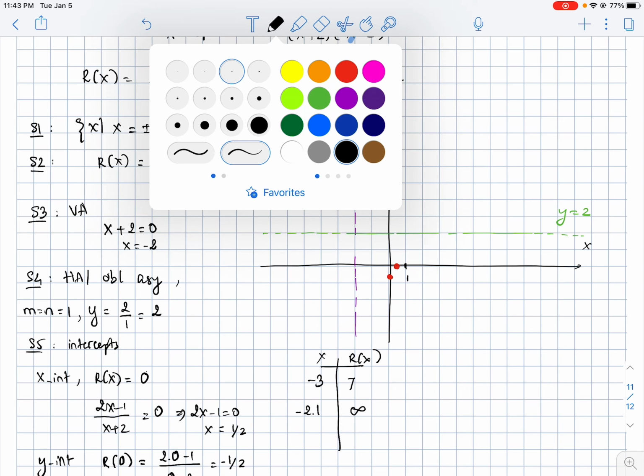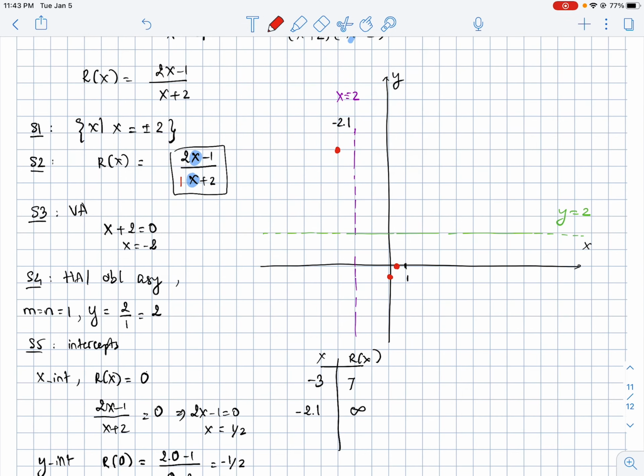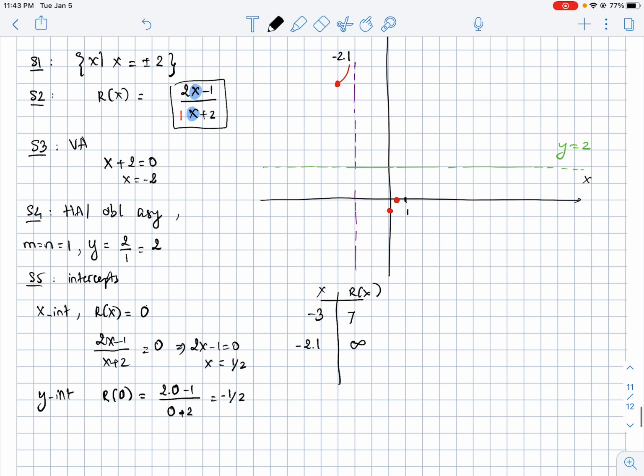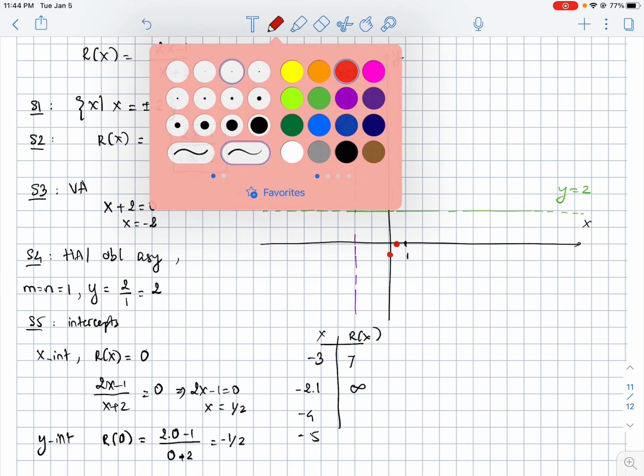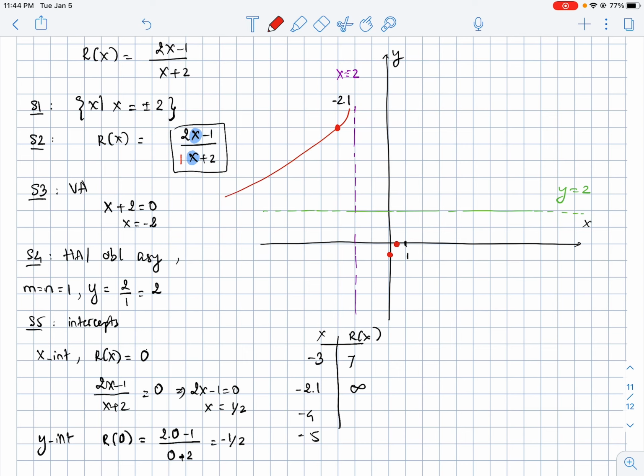So then we will continue to draw the curve from the point to the vertical asymptote that goes up. And then we may have something like this. To make sure, you need to make points like negative 4, negative 5, and so on. Okay, so I skipped a step for you, but we know that the graph will approach the horizontal line.